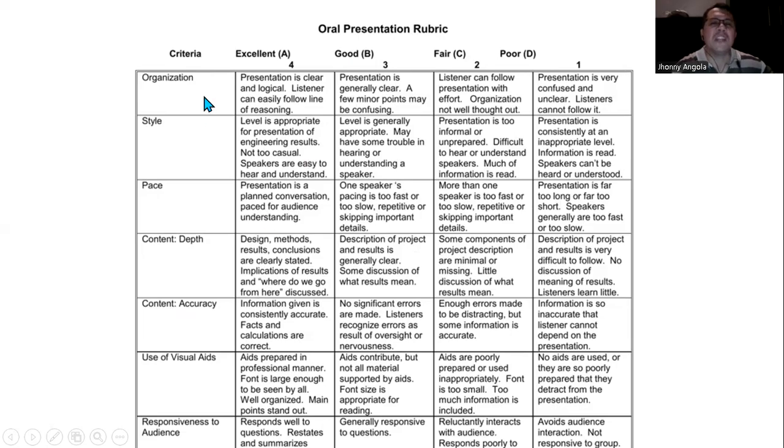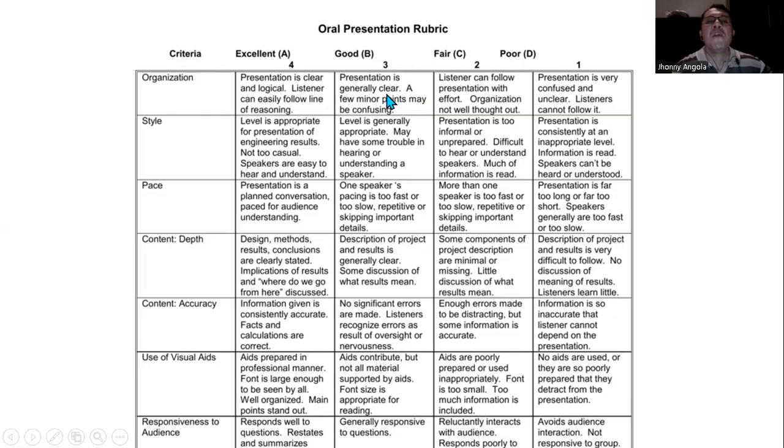Presentation about organization, for example, excellent, good, fair, and poor. What happened? This is qualitative when you add excellent, good, fair, and poor, and you turn this rubric into a quantitative rubric when you put a grade for every one of those descriptions.